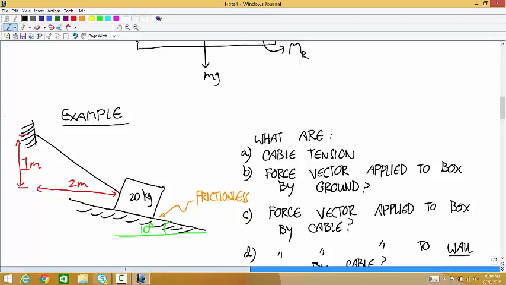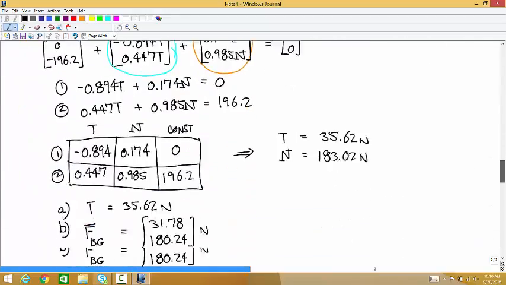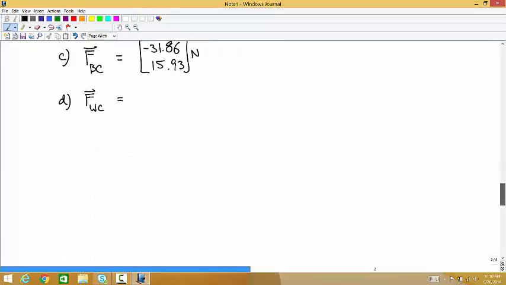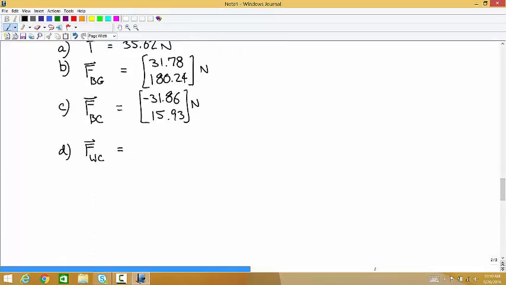But in this case, we know that the force vector applied to the wall is just equal and opposite to the force vector applied to the box. So, based on that, we can just take the opposite of this, and it's just going to be positive 31.86, negative 15.93.